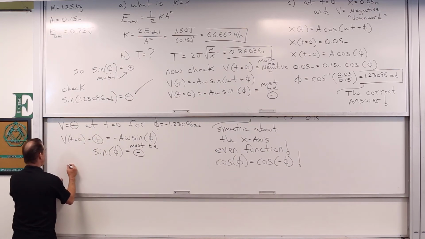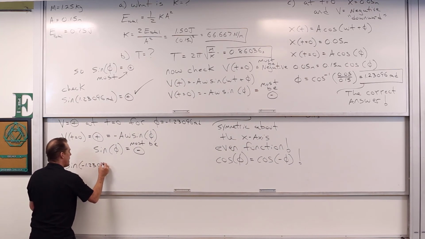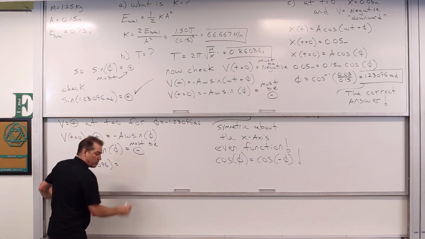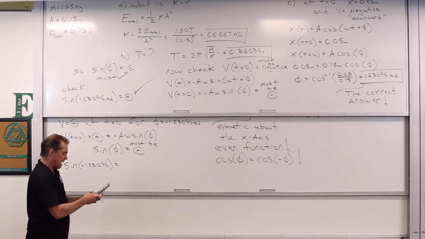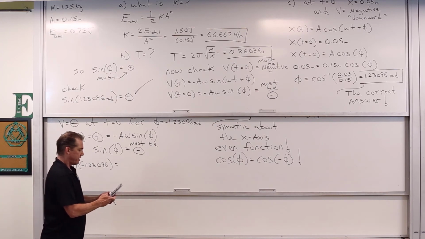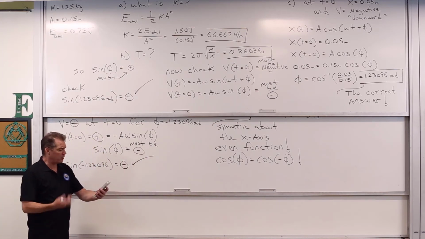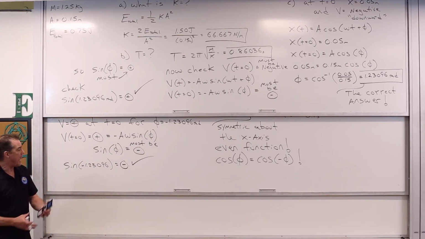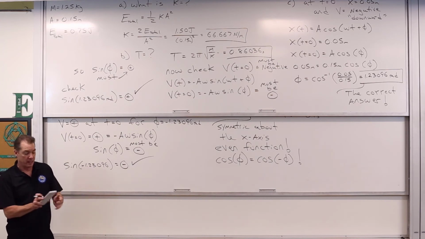So we check it. The sine of negative 1.23096 is equal to, drum roll, negative, yay! And you know what? It's the same number as the sine of its positive counterpart, except it's negative.